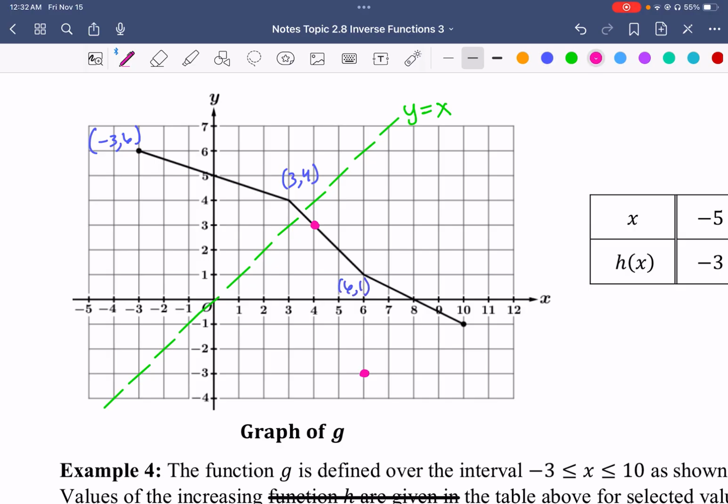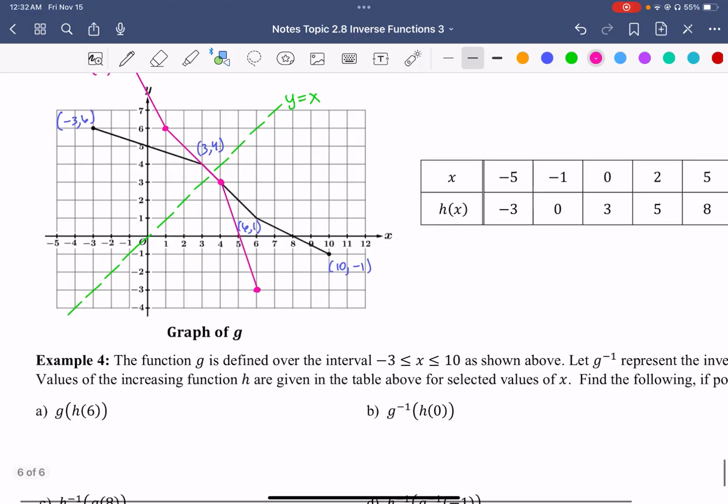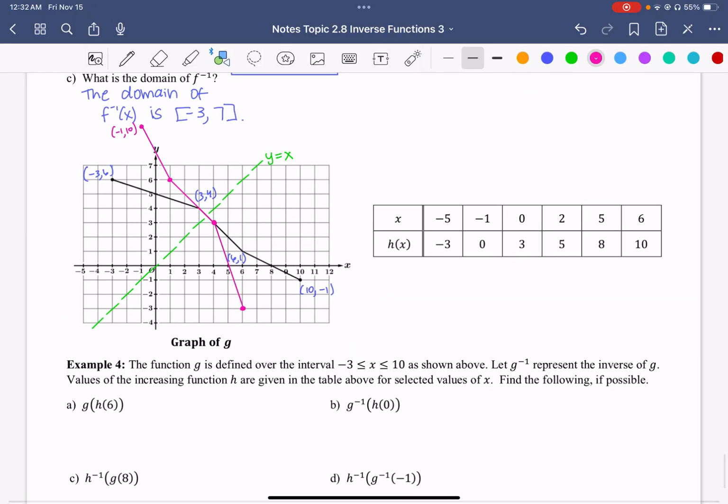That one will, when I switch them, will be 1, 6. And finally, we have 10 and negative 1. And when I switch them, I get negative 1 and 10, which would be somewhere like all the way up here. Okay, this one is negative 1, 10. And then I can connect them. Okay, so that's the inverse of g.